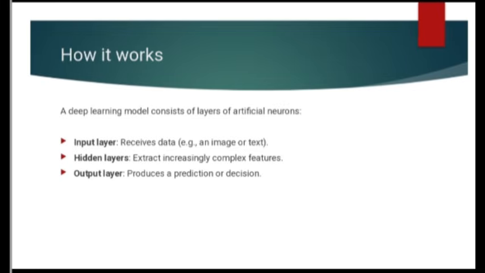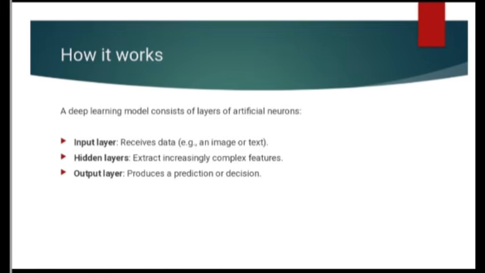So, here we can see how it works. A deep learning model consists of layers of artificial neurons. The first layer is the input layer, which receives data. For example, the data may be an image or text.